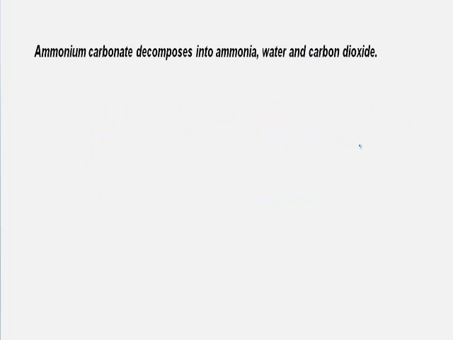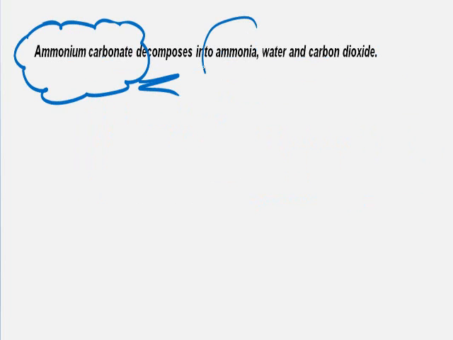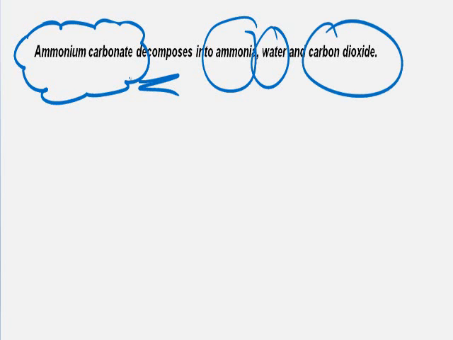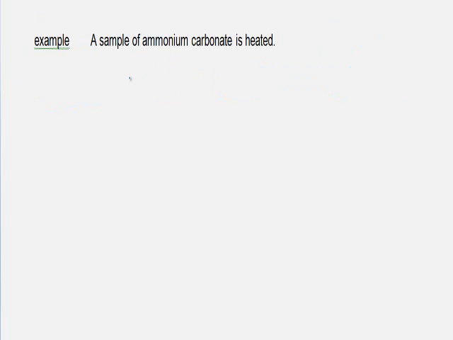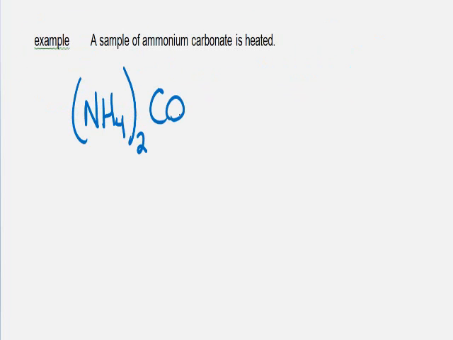Some of our decompositions are very specific. Here we have a specific compound, ammonium carbonate, that's going to decompose into ammonia, water, and carbon dioxide. In our example, we'll say ammonium carbonate is heated. Ammonium is 1+, carbonate is 2-. So it's (NH4)2CO3.